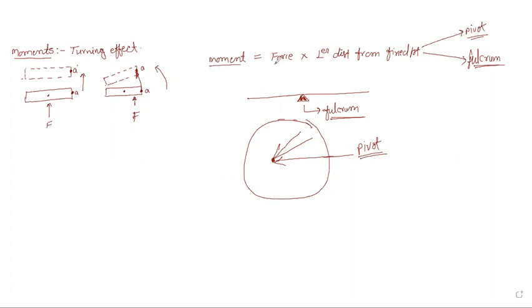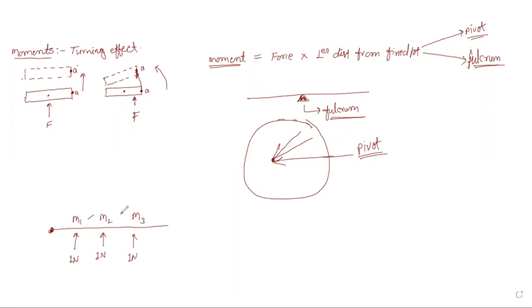Now we know moment is equal to force into perpendicular distance. Suppose this is an arm which is pivoted here, and we apply a force of, let us say, 1 Newton here, then 1 Newton here, and then 1 Newton here, as an example. These are different locations. So the moment produced here, which we call M3, will be greater than M2, which will be greater than M1.